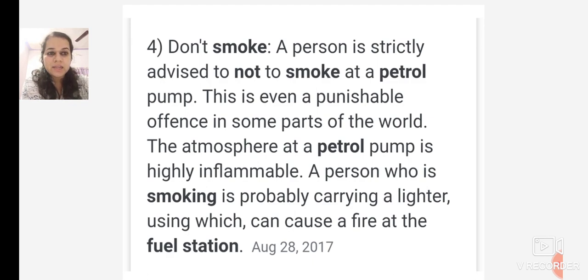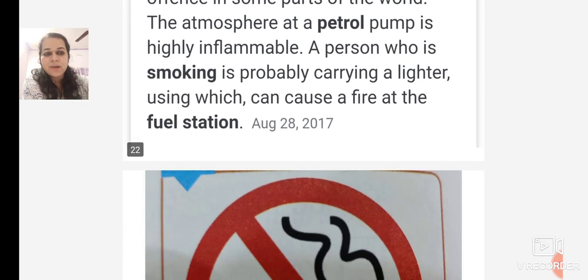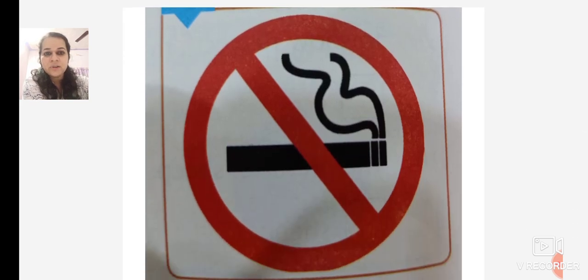So it is highly advisable not to smoke at a petrol pump, because the area is highly inflammable. That's why this no smoking sign is put at the petrol pump.